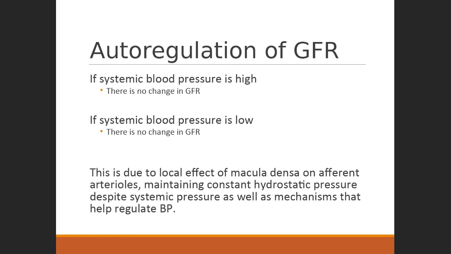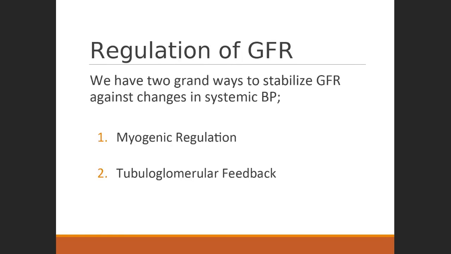We are going to look at two different mechanisms by which we regulate these. They are both going to look at different aspects that would have caused GFR changes, but they're going to tackle them in two completely different ways. The first is myogenic.